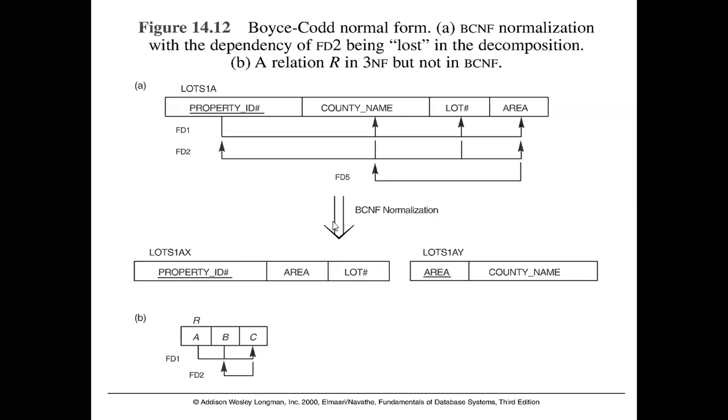So whenever there is a non-trivial functional dependency like this, then according to BCNF, this has to be a super key.